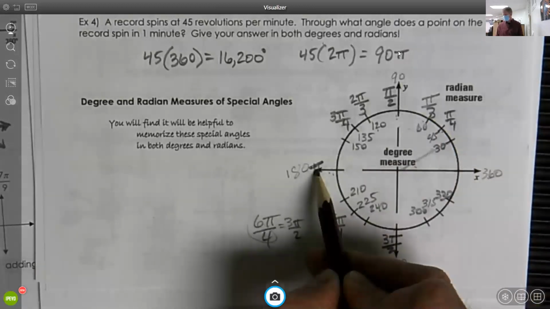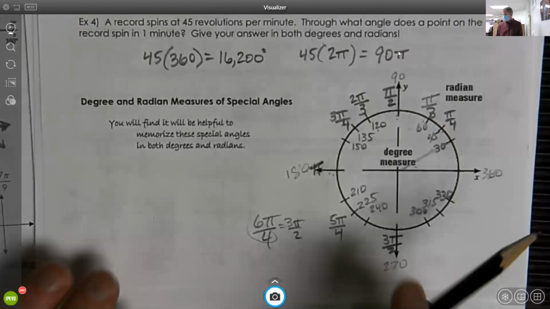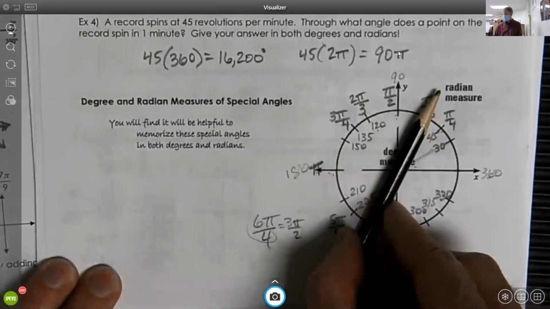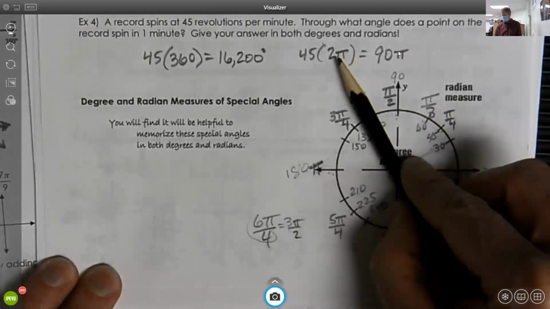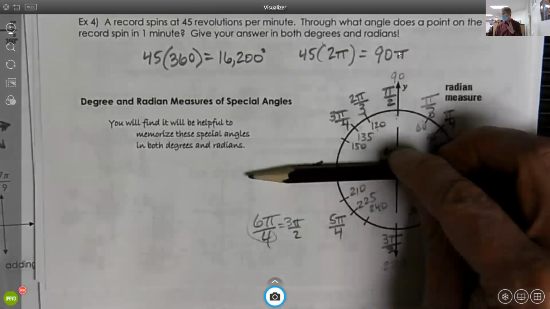Where would 4 pi over 3 fall in? 60 degrees takes you to 1/3. Another 60 degrees takes you to 2/3. Another 60 degrees takes you to 3 over 3.